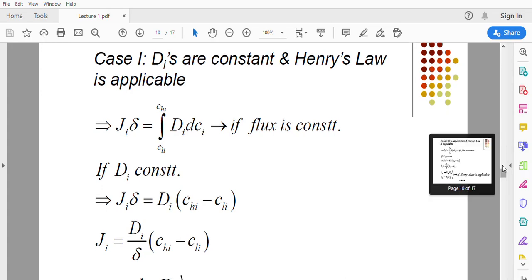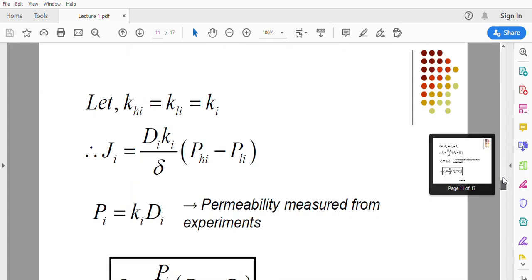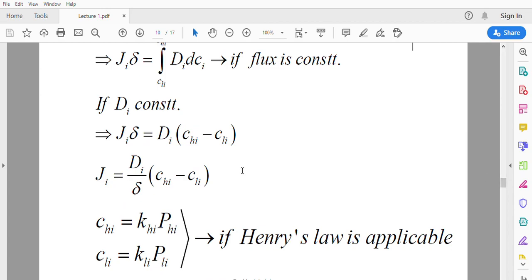Now you can rearrange this equation in this form, Di by delta. Now you can apply Henry's law, because in this condition Henry's law is applicable. Applying Henry's law, you can correlate the concentration to the partial pressure.